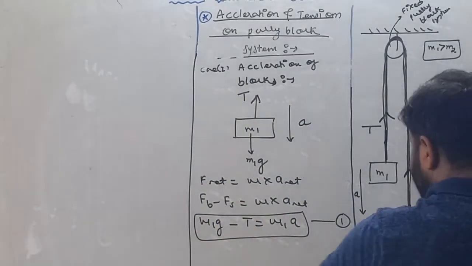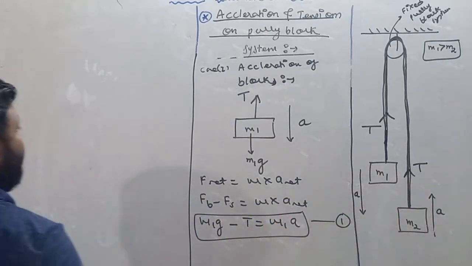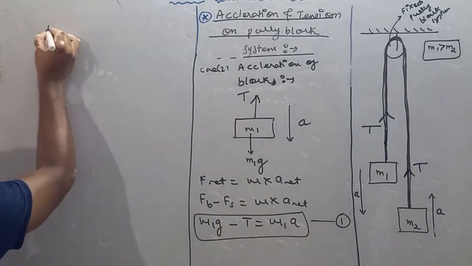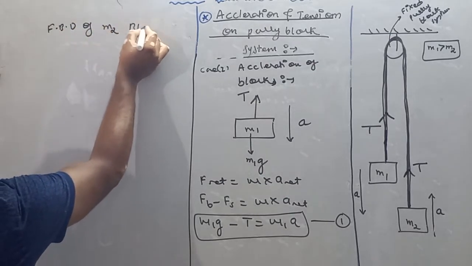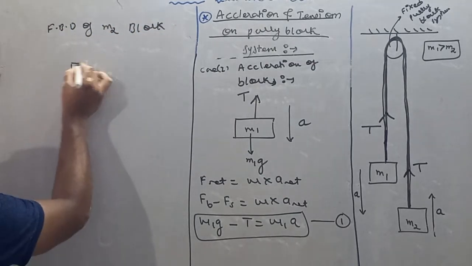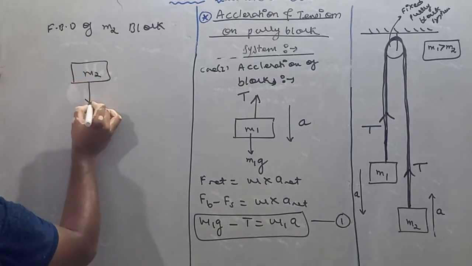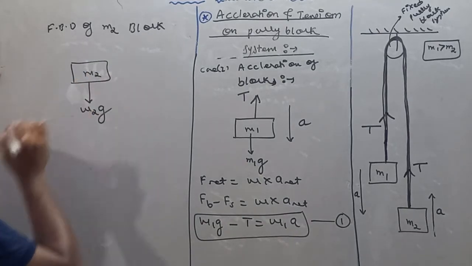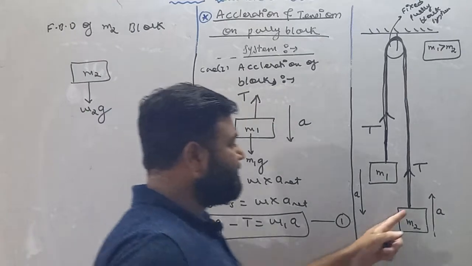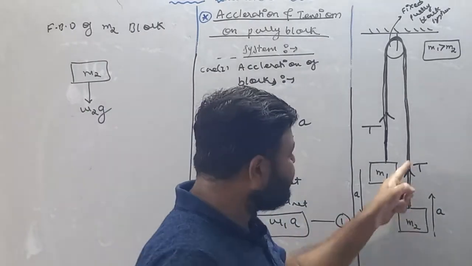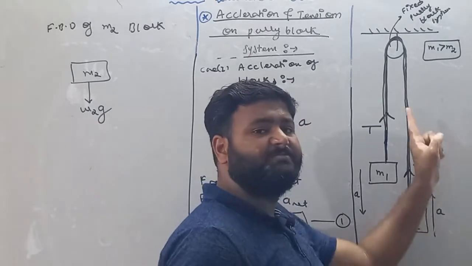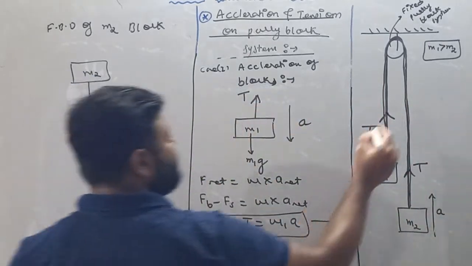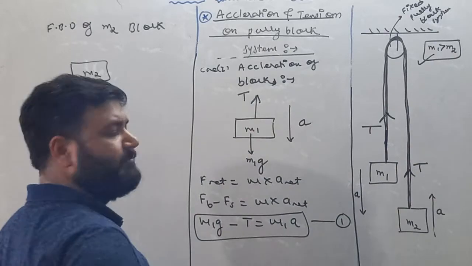Now moving forward, my dear student, let's make the FBD of the M2 block. Here comes M2, vertically downward weight, that is M2g. Now see, my dear student, M2 is again connected with a string in which tension is T, and M2 is moving in the upward direction, as we consider M1 greater than M2.